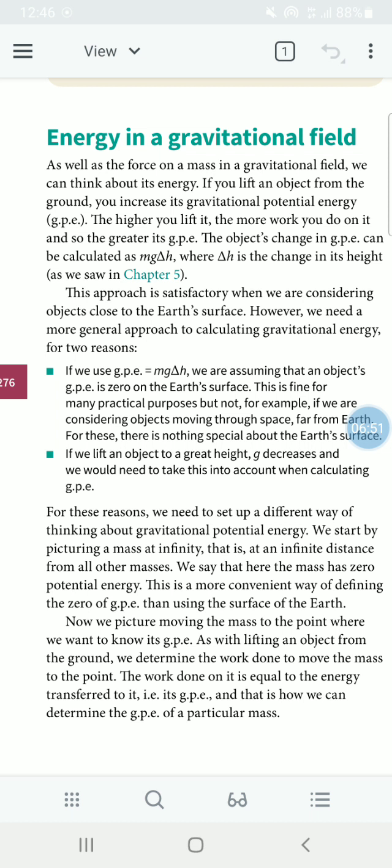However, this is not accurate because g reduces as we go further away, and Earth's surface is not the true zero point of GPE.